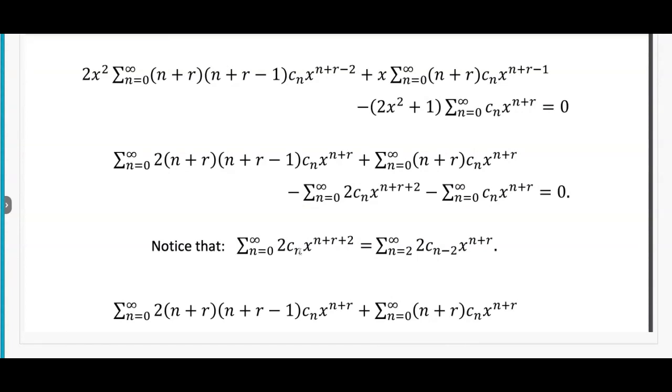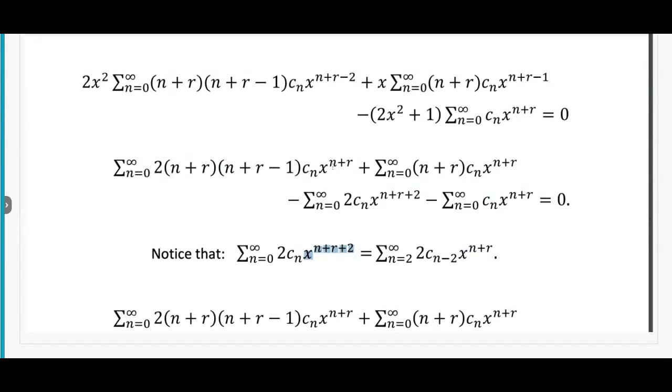Notice this, we want to reindex, because we don't like this x raised to n plus r plus 2. We want to change this one to be x raised to n plus r, so we can factor out x to the n plus r from all those terms. So we reindex this.